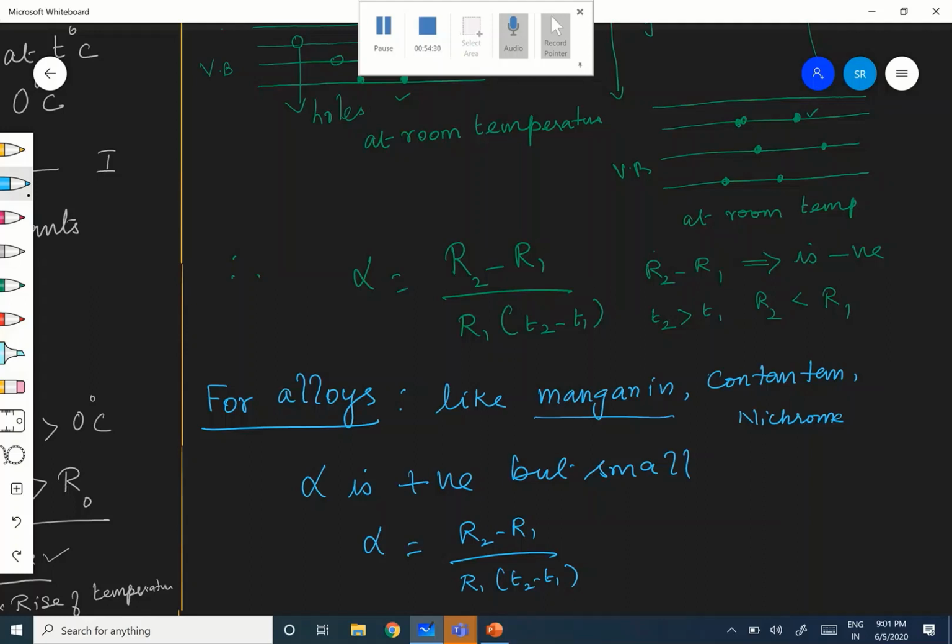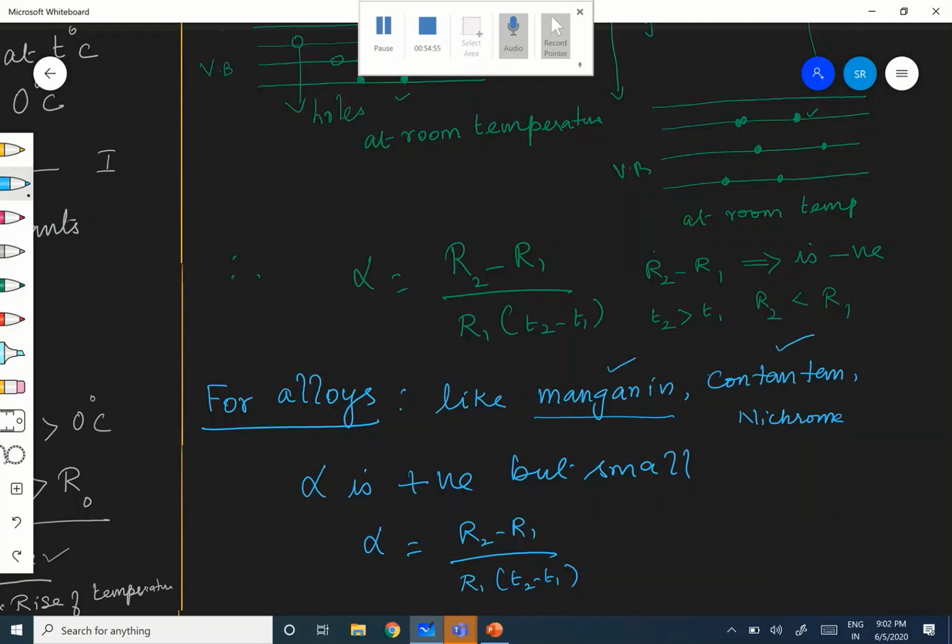But if I want a resistance coil, even if you pass the current for a long time, the temperature will increase, but I don't want the resistance to change. In that case, we prefer alloys, manganese, constantan, or nichrome.